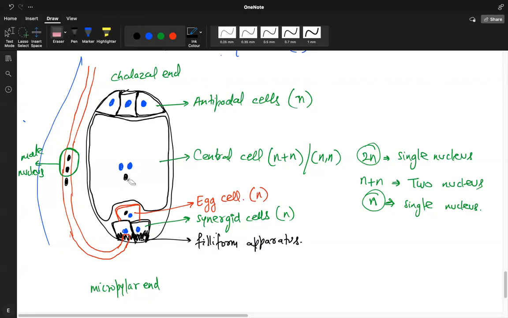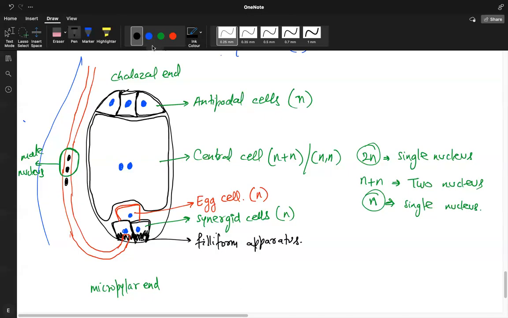This process is called double fertilization. Why is it called double fertilization? Because there are two fertilization events happening. One male nucleus fertilizes the egg cell to give rise to a diploid zygote, which will later become a diploid embryo. Another male nucleus fuses with the two polar nuclei.